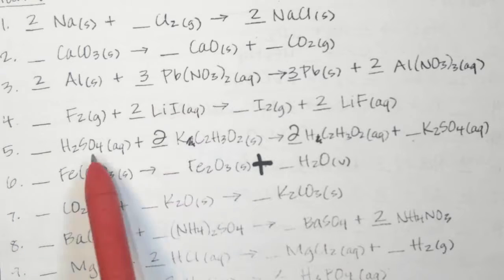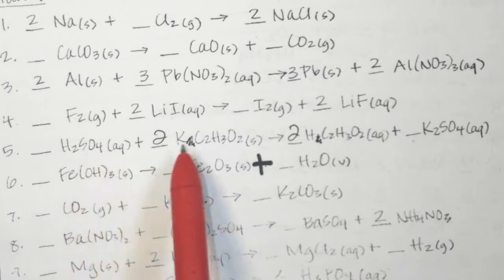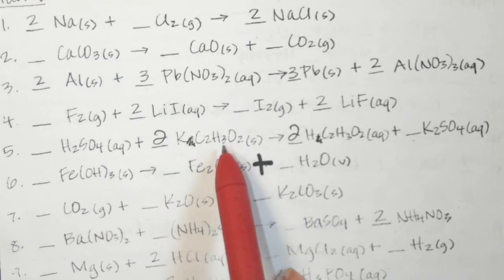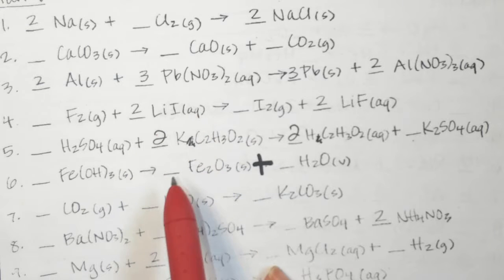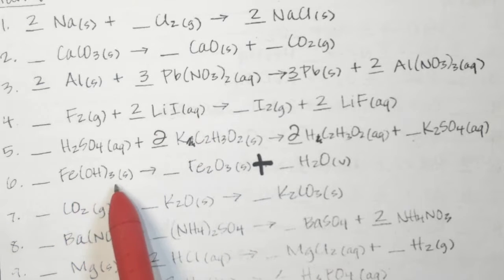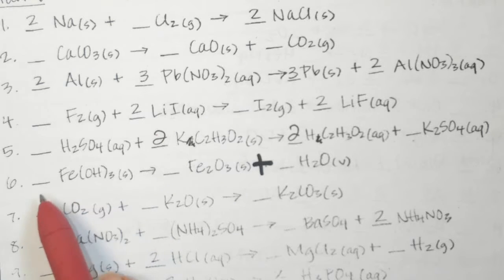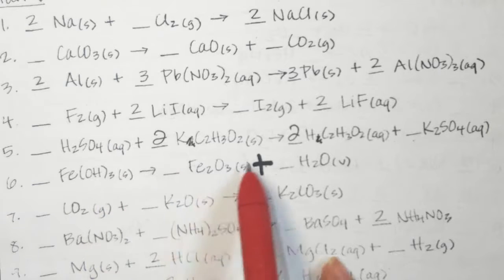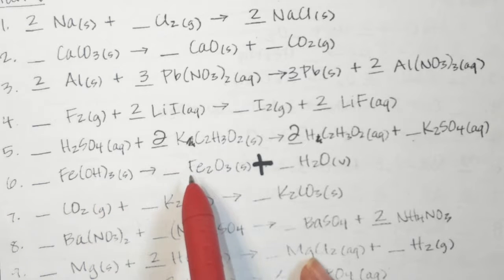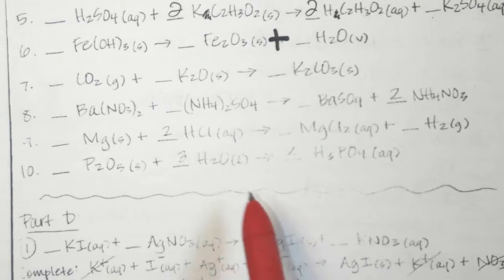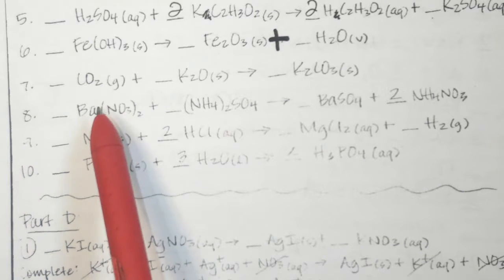How about number 5? Double replacement. I have two compounds. Usually it's an acid and an ionic compound, and it neutralizes each other. That's usually double replacement. What about number 6? Decomposition. Okay, see, I have one compound here on the reactant side. That's going to break down into 2. Decomposition. What about number 7? It's going to be synthesis.